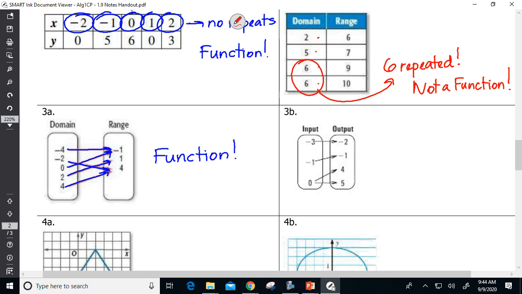So here's one that fails. You have -3, -1, and 0. One of these numbers thinks they're special. -3 is going to -2. -1 is going to -1. But 0 thinks it's special. It's going to try to go to 4 and to 5. You can't go to two different places at once.